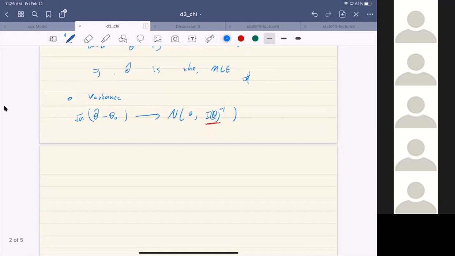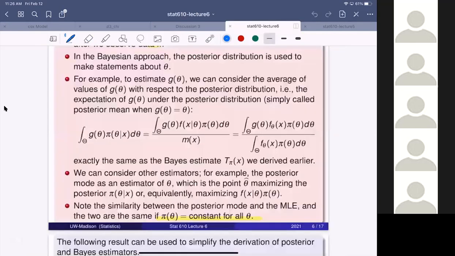So from this, we can know that the variance of theta hat goes to 0. I think we can also use this. Okay, let me check.